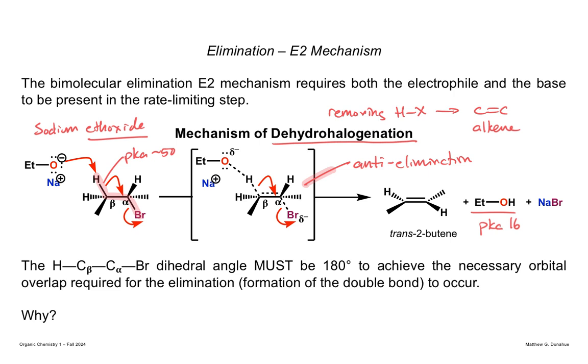Cyclohexane rings. Sometimes you cannot achieve 180 degrees. So you can get syn elimination, where you don't necessarily have the exact 180 relationship you need. So again, that's a complicating factor or a nuance in learning this: anything's possible, basically.